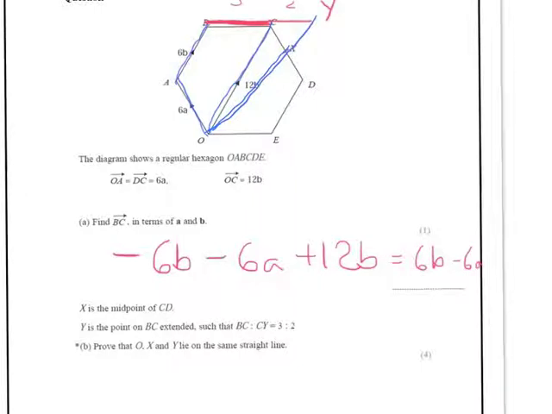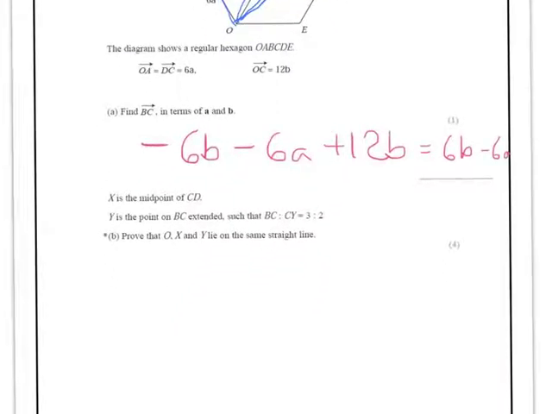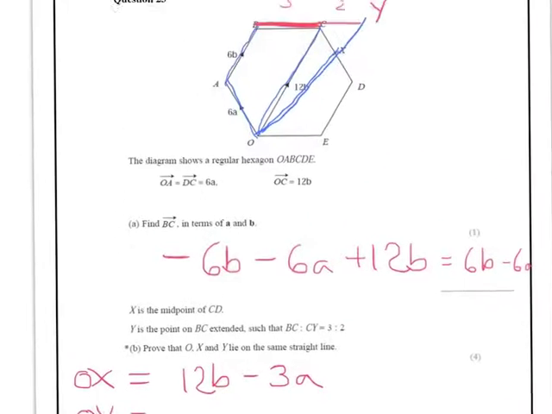Now, OX is just going to be 12b take away 3a. Okay, so we're going to write that down. OX is 12b take away 3a. So OY is the next one to work out. So let's have a little look at that.